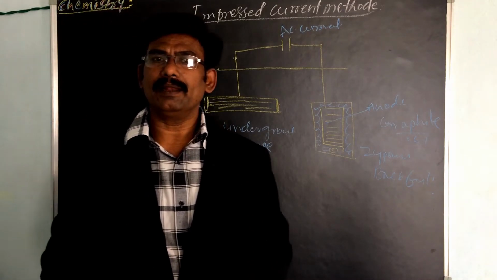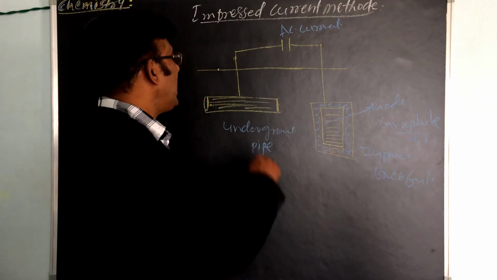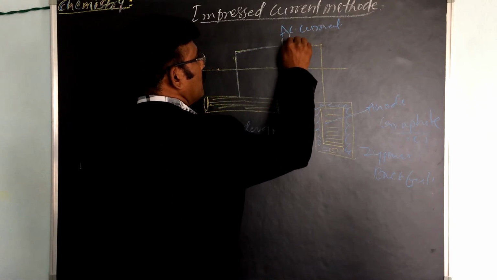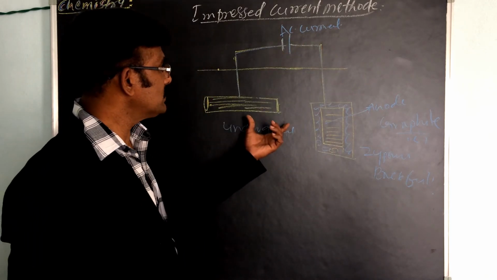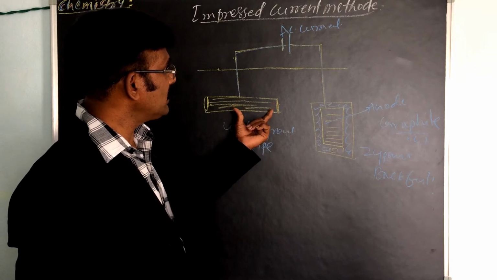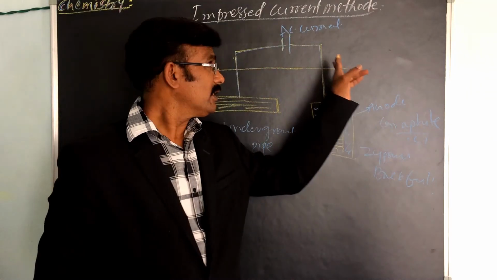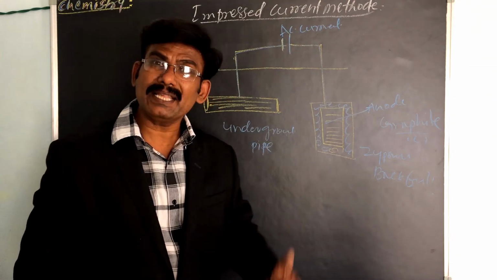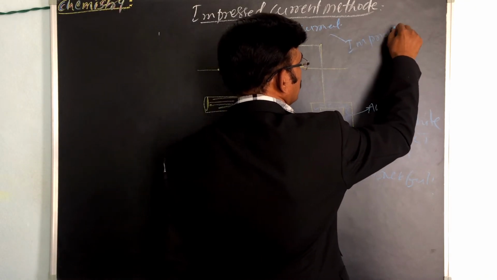When a wire is connected to the pipeline, one is the corroded metal and the other is the anode. Here the AC current is called the impressed current.